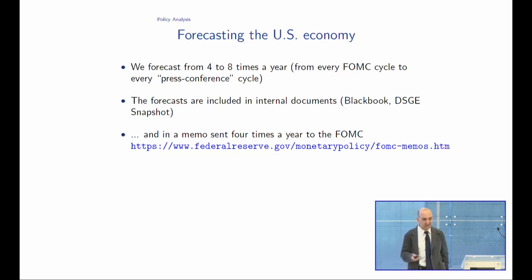Every SCP submission cycle, we sent a memo to the FOMC with the DSGE forecast. After 5 years, those memos are public, and if you click on that link, you can see some of those memos from up to 2014.